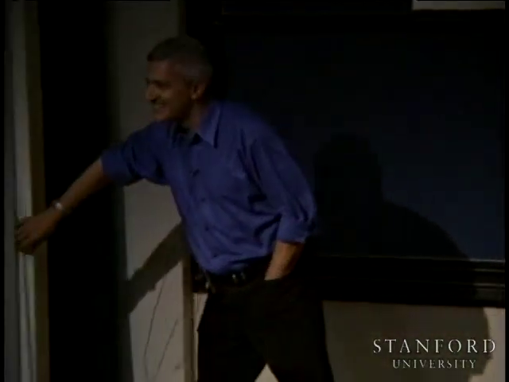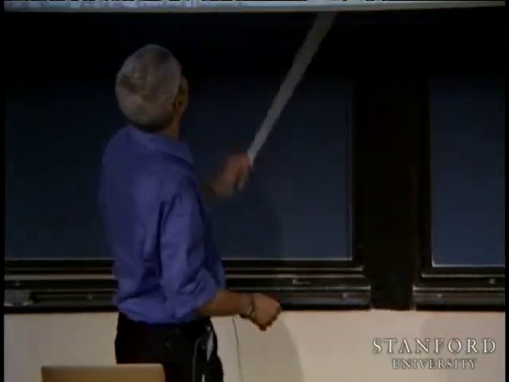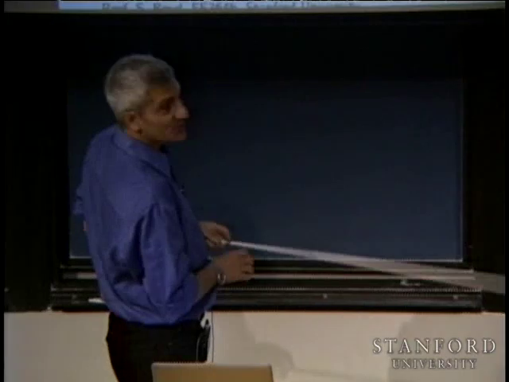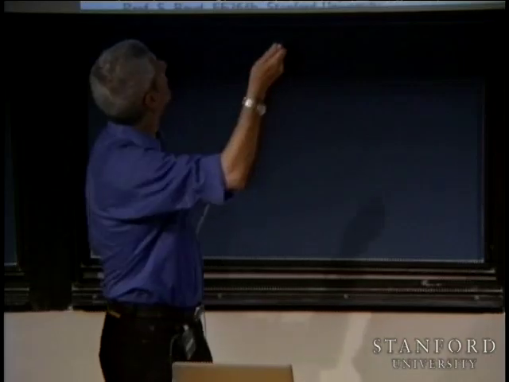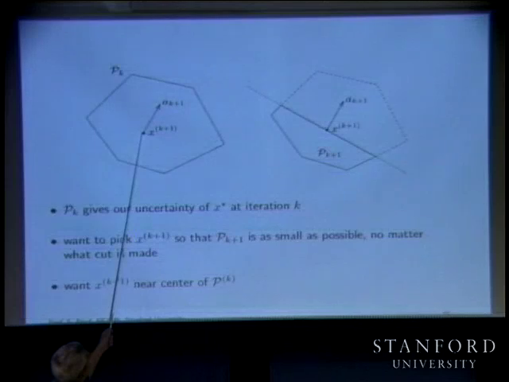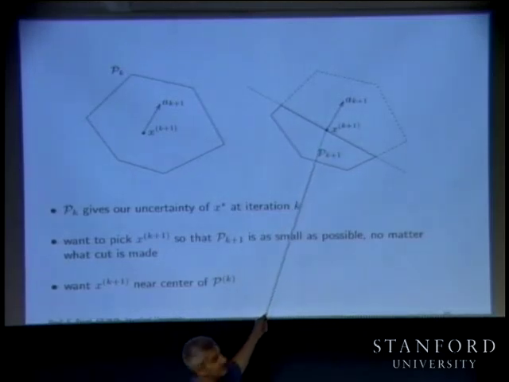Okay, so the basic idea is you have some polyhedron where you know the solution, if it exists, to lie. And you query a cutting plane oracle at the point x, and what comes back? In this case, this is a neutral cut.